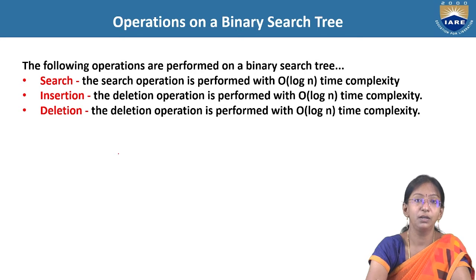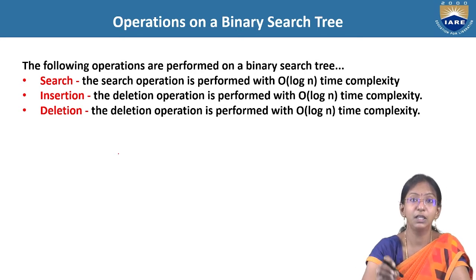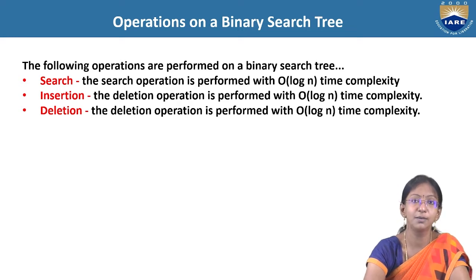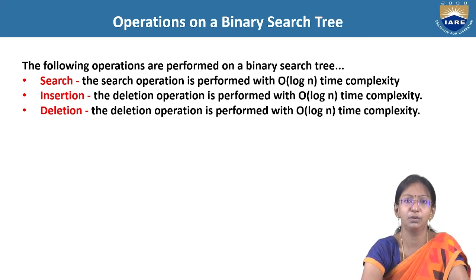So even in insertion, you have to check for the right position of the element, right? So the time complexity for search, insertion as well as for deletion is order of log n. It is very less when compared to linear ones. And it is very easy to insert as well as delete elements.